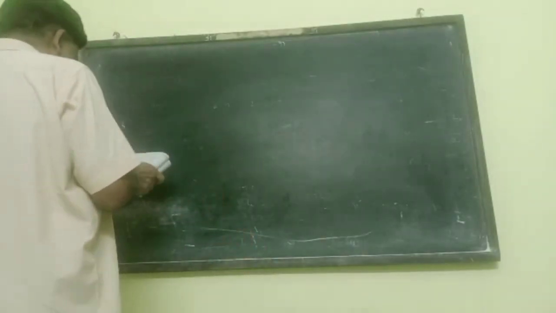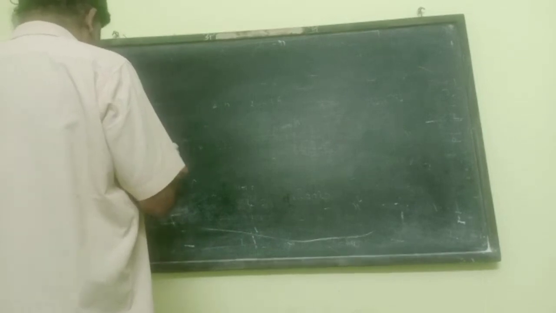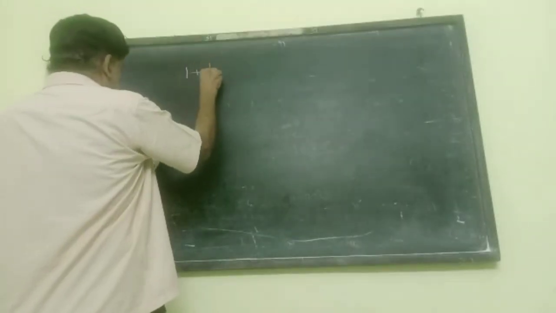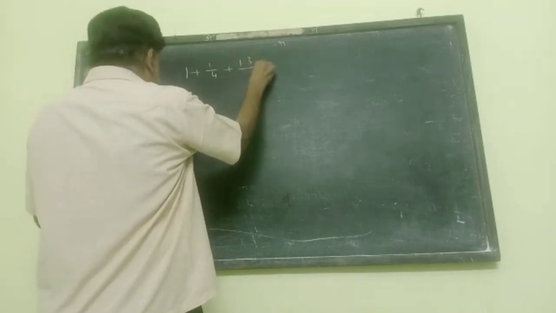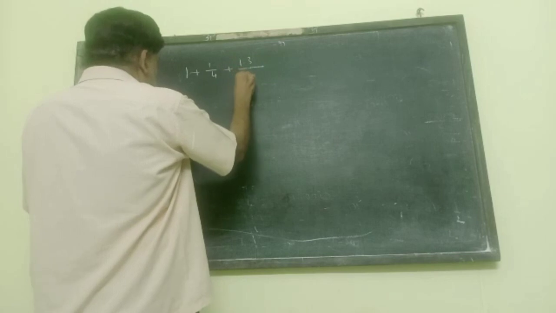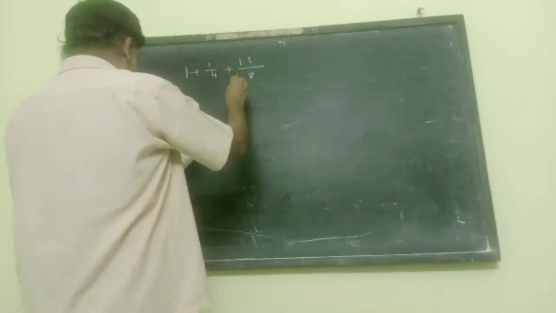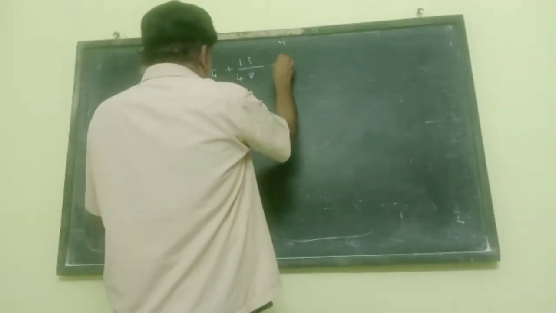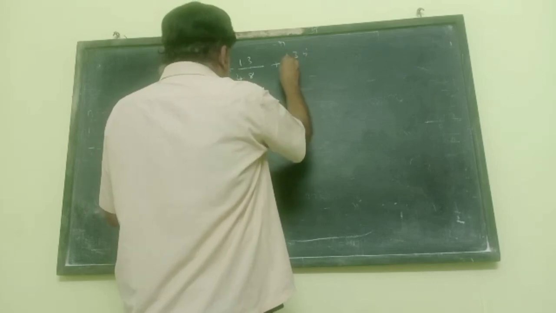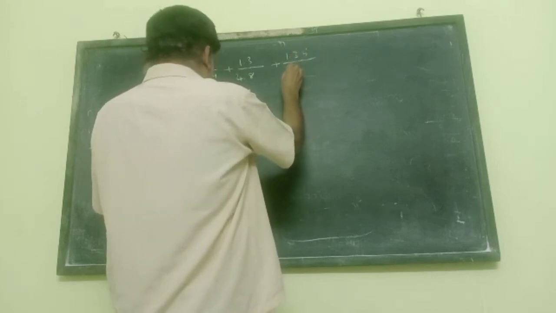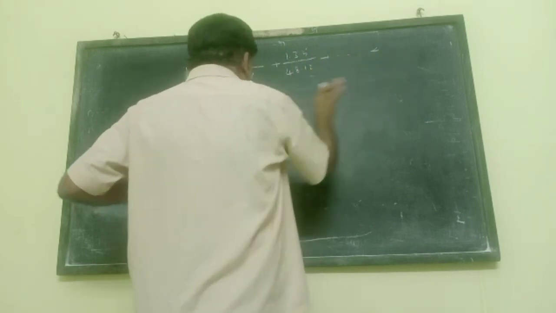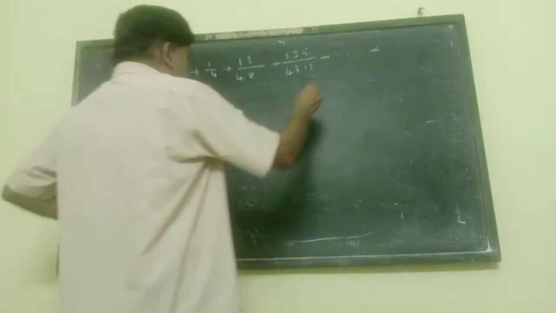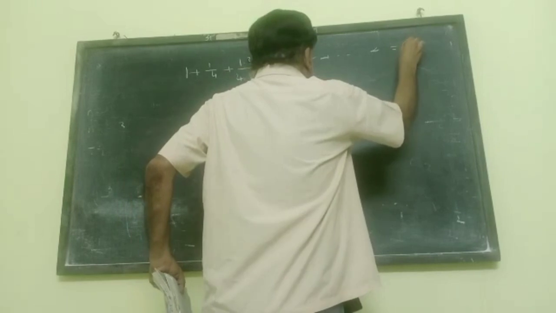You write down this question. 1 plus 1 by 4 plus (1 into 3)/(4 into 8) plus (1, 3, 5)/(4, 8, 12) up to infinity. You have to show this is equal to root.